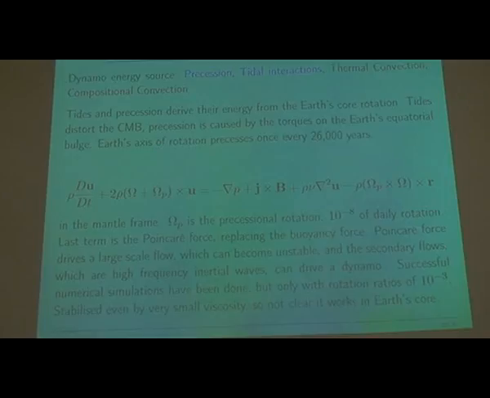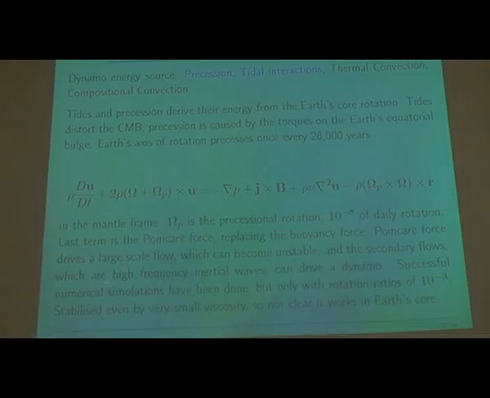So if you actually want to construct a precession-driven dynamo code, you ask somebody who's already constructed a buoyancy-driven code, and all you do is take out the buoyancy-driven form and pop in your precessional, your Poincare force, to drive it. So although the theory is different, the actual mechanics of how you go about it is not all that different.